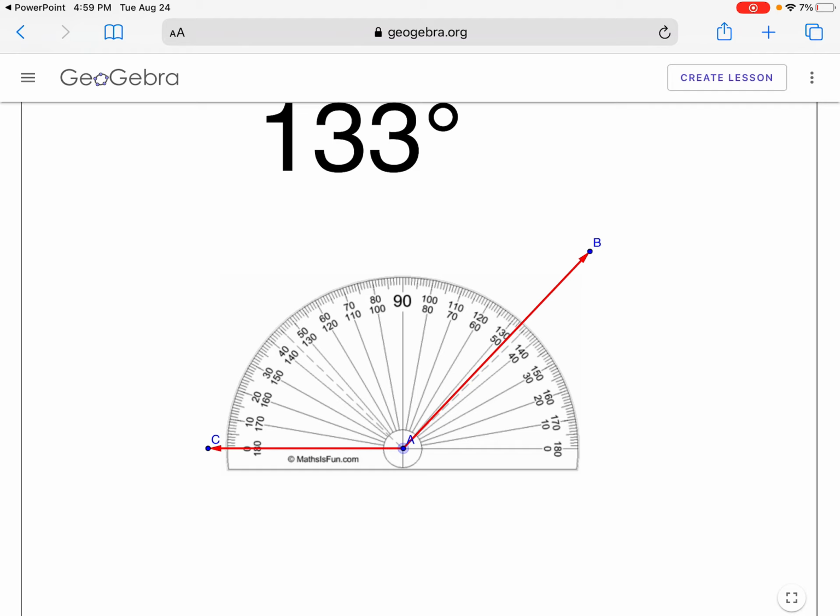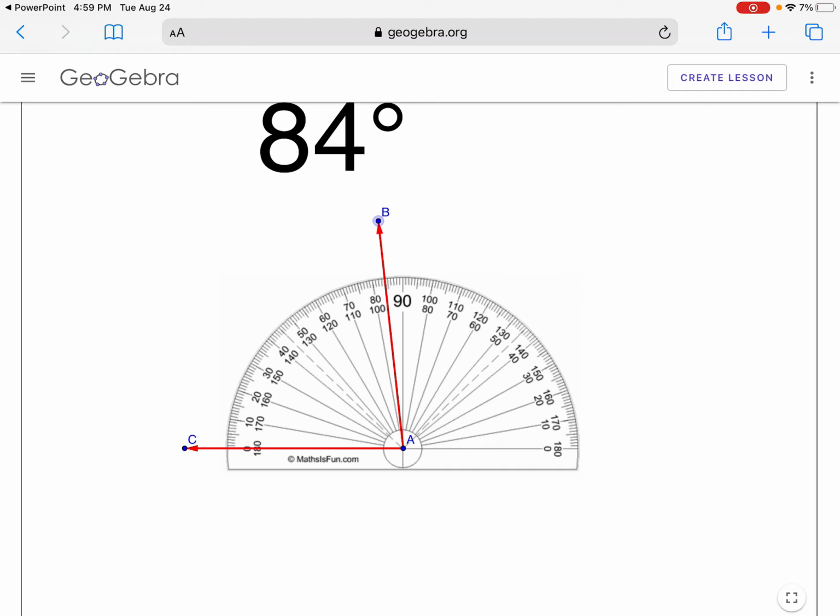And we see that off to the left, that ray goes through the 0 that's on the top row. Across the edge of the protractor, there are 2 rows of numbers. The ray to the left goes through the 0 that's on the top row.